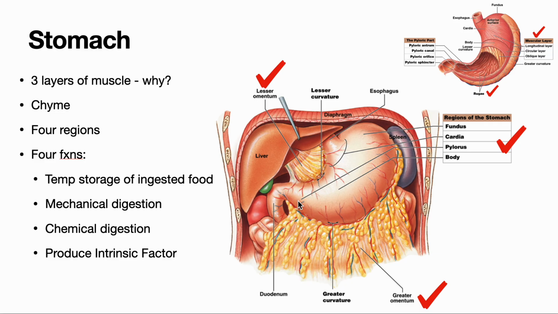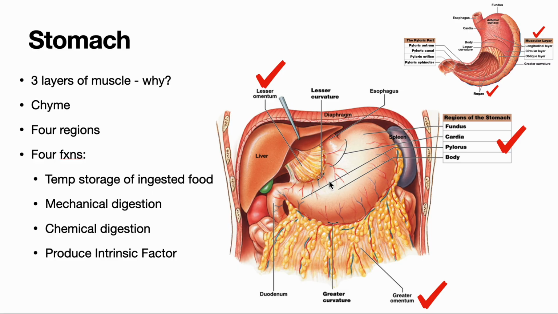And then where the duodenum begins, this is the pyloric region of the stomach, and there is a sphincter here called the pyloric sphincter. So for food to move from the stomach into the duodenum, the pyloric sphincter will have to be relaxed so that chyme can be moved from the stomach into the duodenum.